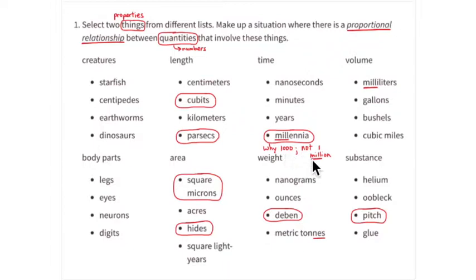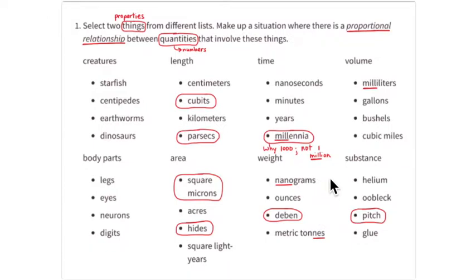It's equal to 1,000. What's the relationship between million and millennia and 1,000? And the answer is that a million is 1,000 thousands. So there is a relationship to 1,000 in the word million. So different things going on here.